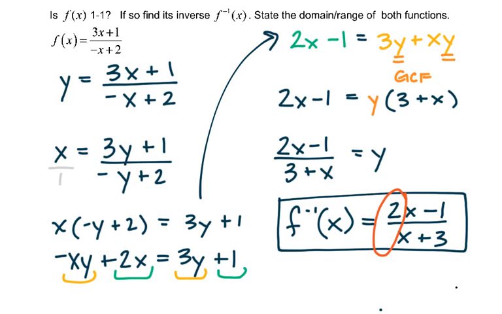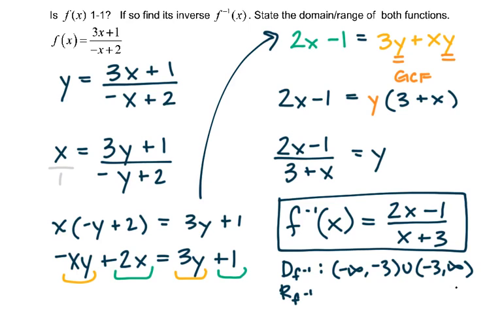And y can't equal positive 2 because we have a horizontal asymptote at y equals 2 over 1. And so just to restate that, my domain of f inverse is that my x values can't equal negative 3, and my range of f inverse is that my y values cannot equal positive 2.